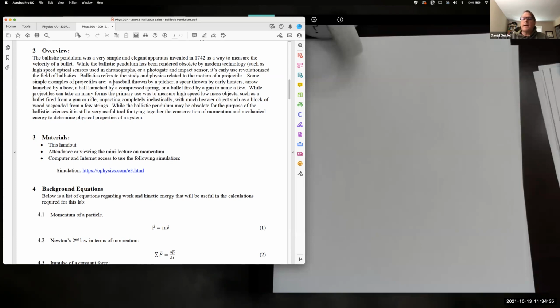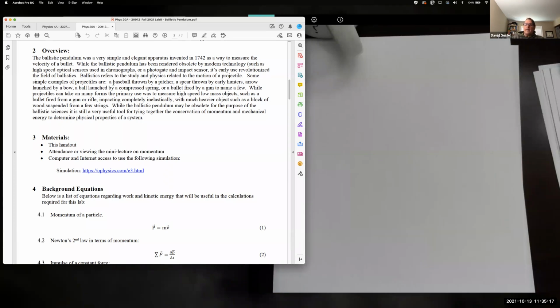Now, some simple examples of projectiles that you'd use for this would be a baseball thrown by a pitcher, a spear thrown by early hunters, an arrow launched by a bow, a ball launched by a compressed spring, a bullet fired by a gun, just to name a few. And the primary use of the ballistic measurement was to measure high speed, low mass objects, such as a bullet fired from a gun or a rifle, having them make impacts that were completely inelastic with a much heavier object.